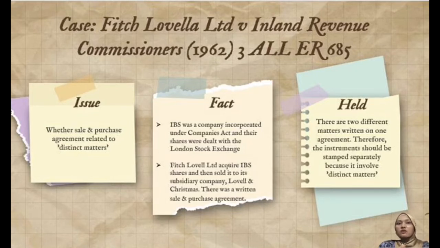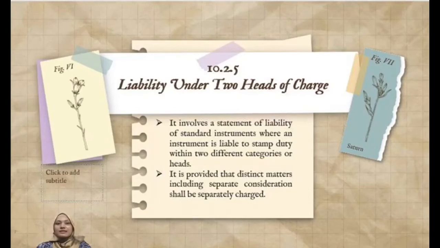Fitch Lovell Limited acquired IBS shares and then sold them to its subsidiary company, Lovell and Christmas. There was a written sale and purchase agreement. The held is there are two different matters written in one agreement. Therefore, the instrument should be stamped separately because it involves distinct matters. Okay, next we go to 10.2.5.